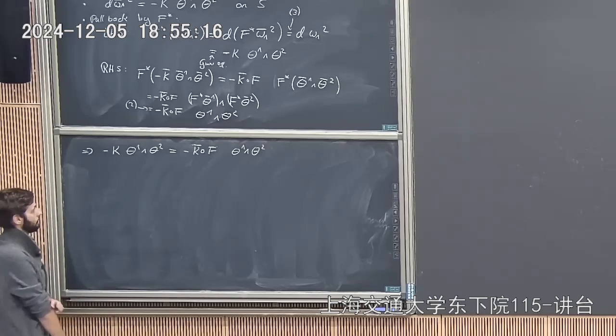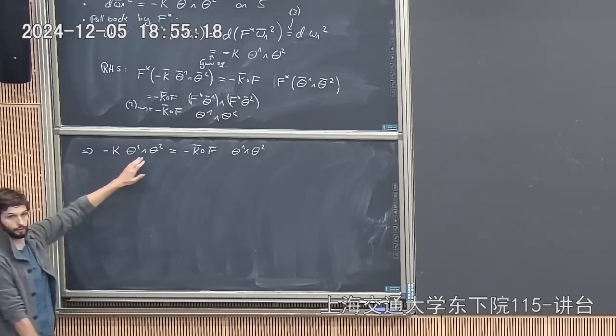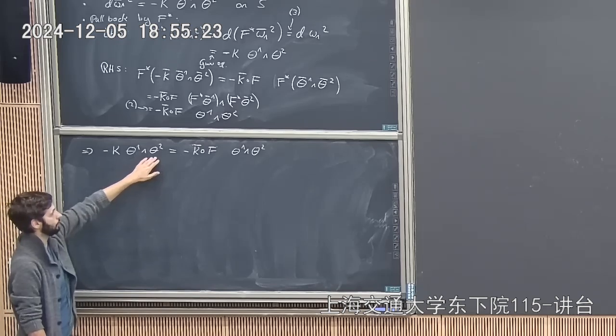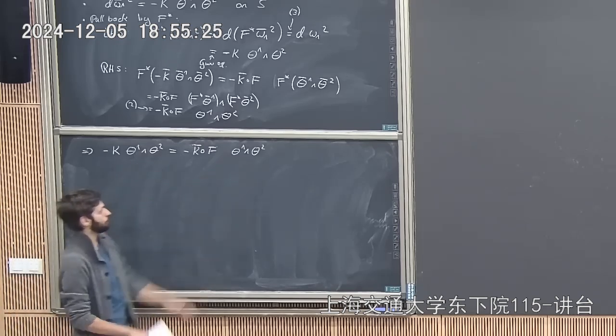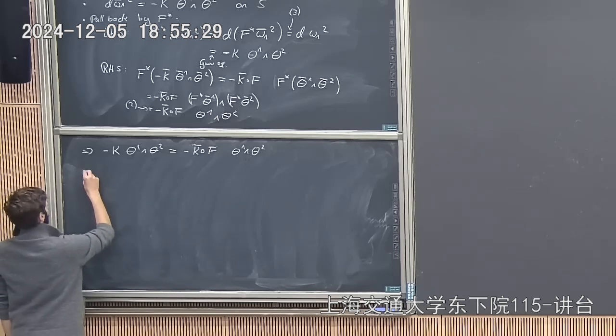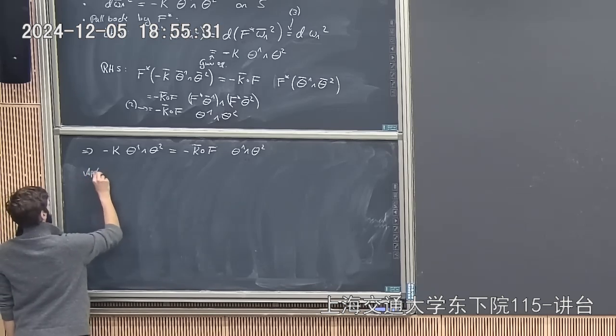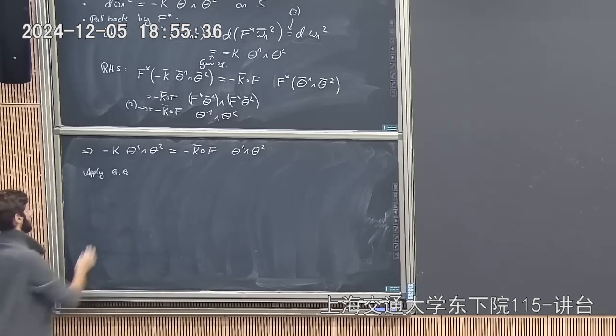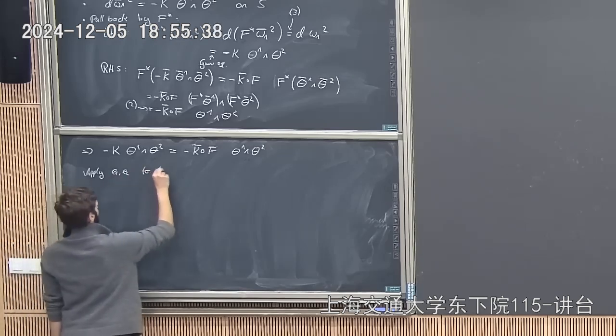Okay, we're almost there. The only thing that ruins a little bit our fun is that we have theta 1 wedge theta 2 on both sides. So we would like to get rid of them. And the easiest way to get rid of them is to apply E1 and E2 to this equation.